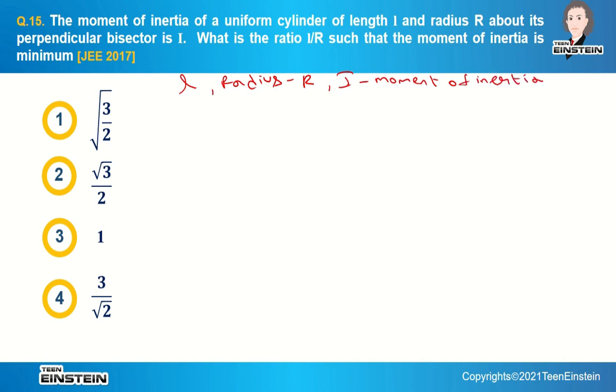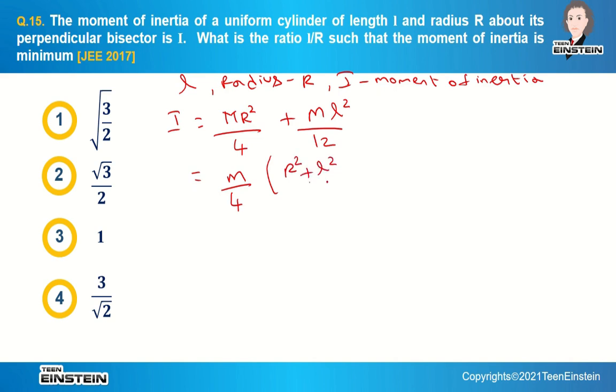Okay, so you know the general formula, I is equal to mr² by 4 plus mL² by 12. So if you take the m by 4 outside, it will become r² plus L² by 3.